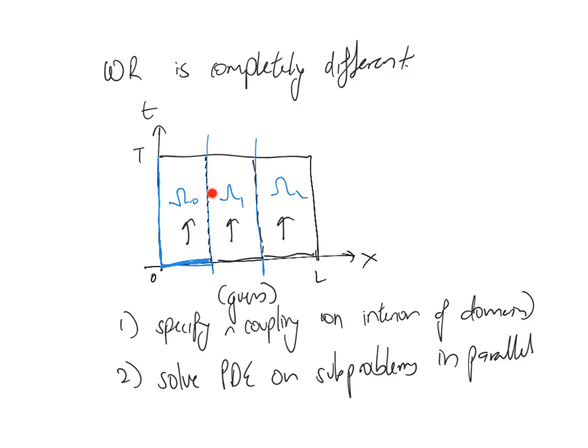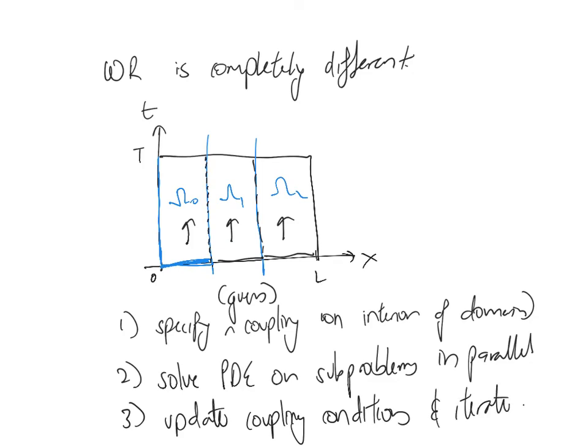I don't really know what these coupling conditions are, but based on my solution on my two domains, I can update my coupling condition to be something more accurate. And you keep iterating until you get to convergence.